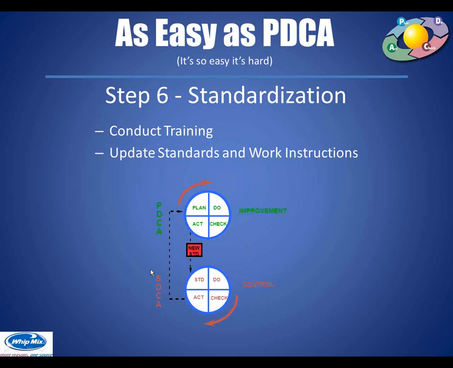Part of Lean is standardization and having standards in place. Everything I've been talking about fits within the Lean philosophy because these tools can be used to go after waste, and that's the key part of Lean. But also with Lean is having standards. So this is your chance to lock in your new standard and try to make the improvement stick.